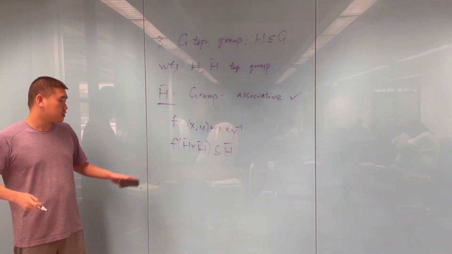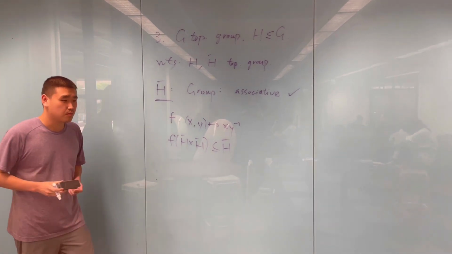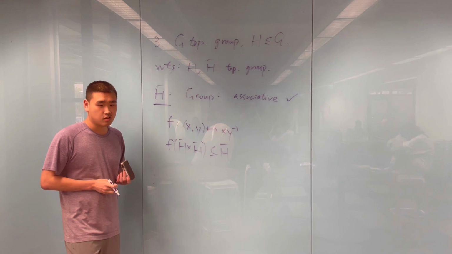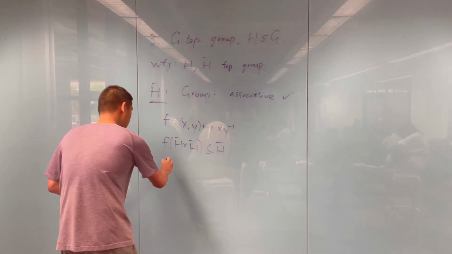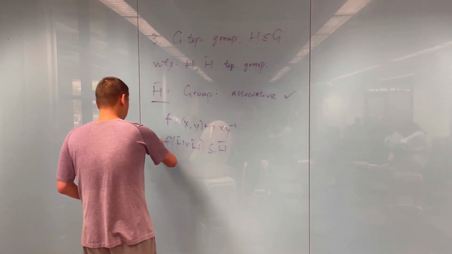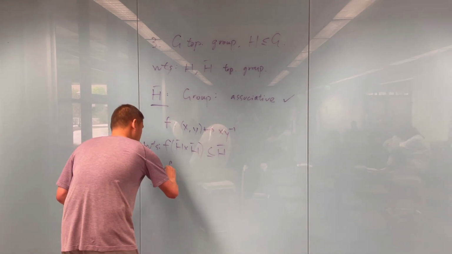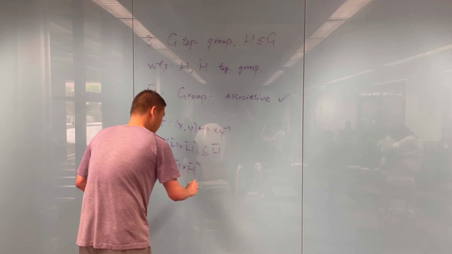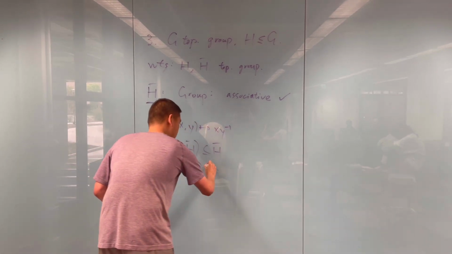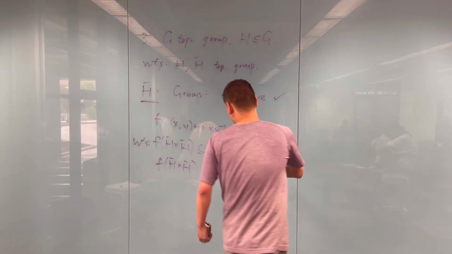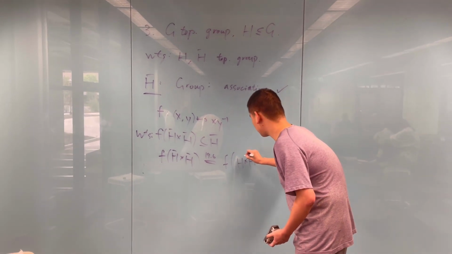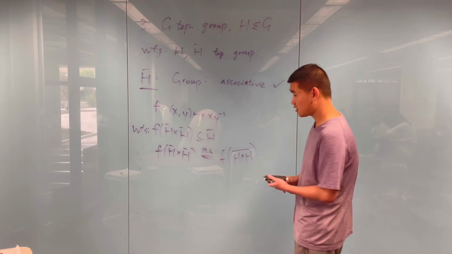And we can show that by using theorem 19.6, which says that the product of closures is the closure of the product. We want to show this. By 19.6, we know that this is the same as the closure of H cross H.